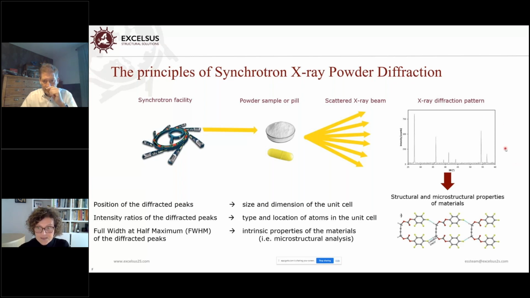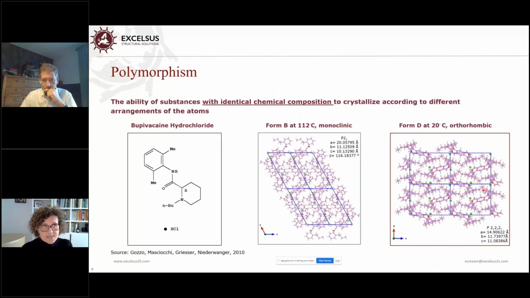So this is essentially what you can get out of such diffraction patterns. You can study the structural and microstructural properties of materials. Now, Arnaud has very well discussed the relation that exists between the structural properties, so the crystal form that you are dealing with, and the physico-chemical properties of materials.